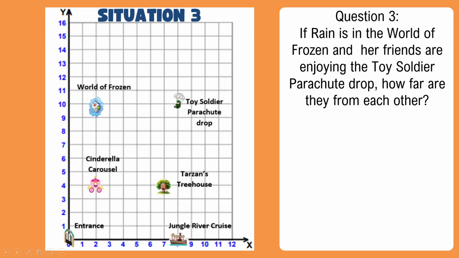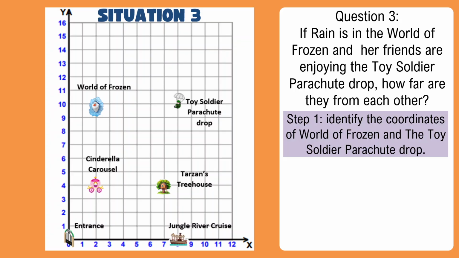So we need to measure the distance. We need to find the distance from the World of Frozen to the Toy Soldier Parachute Drop. So identify the coordinates of the World of Frozen and the Toy Soldier Parachute Drop.